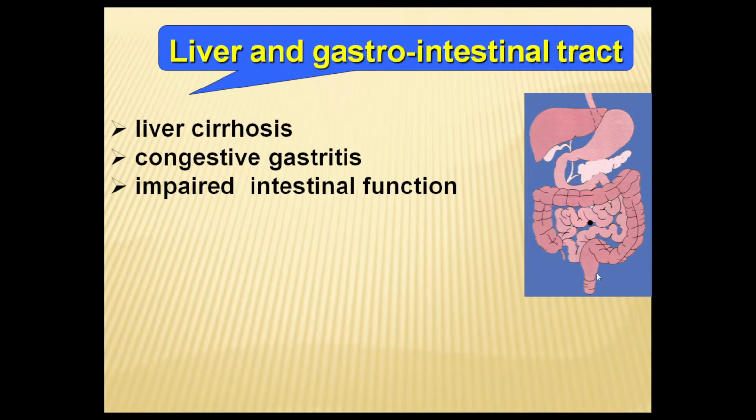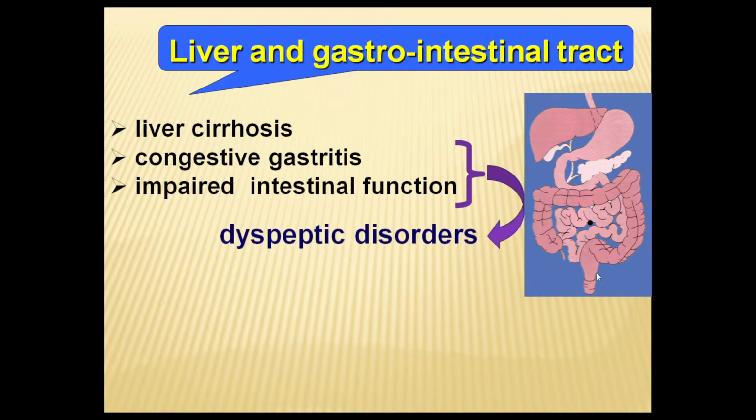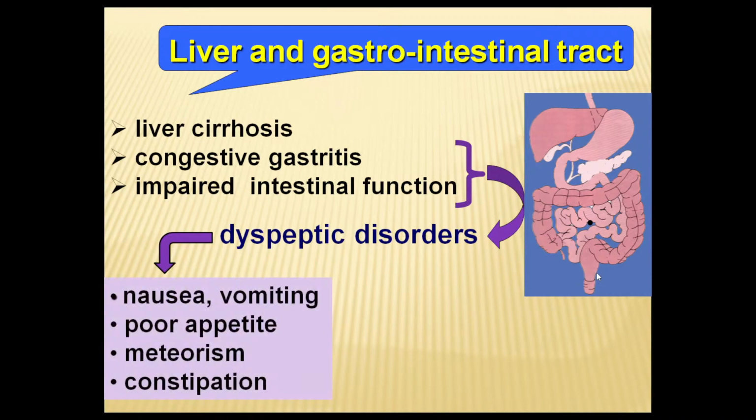And then we can see that the patient progressively loses weight to cachexia due to progressive disordered digestive process, absorption, and metabolism. And if your patient complains of nausea, sometimes with vomiting, poor appetite, constipation, look attentively at the patient.